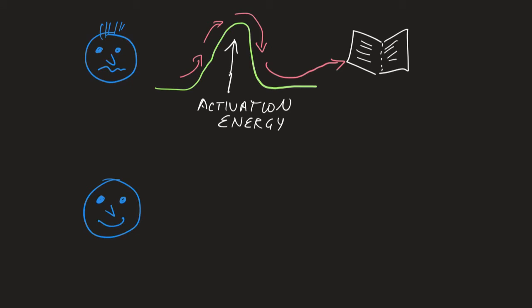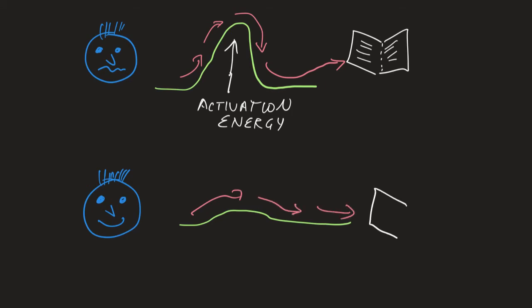The catalyst can come in the form of a due date, an approaching exam, or a reminder from his instructor. That can actually reduce the barrier to procrastination and get him started. So notice here that the activation energy has actually gone down.